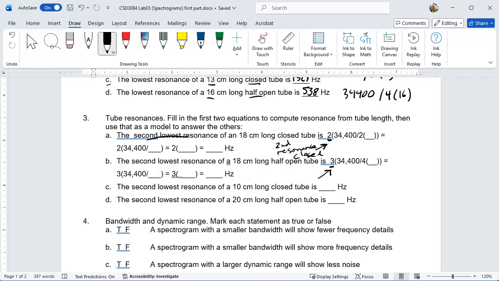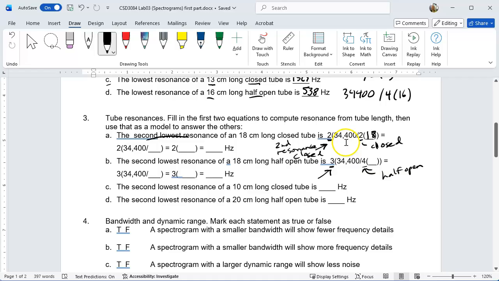All right, if I have an 18 centimeter tube, again, I have that constant of 2 because things are closed, which is going to be different from my constant here where things are half open. So I've got a couple of different things I have to worry about in terms of constants depending on what I'm doing.